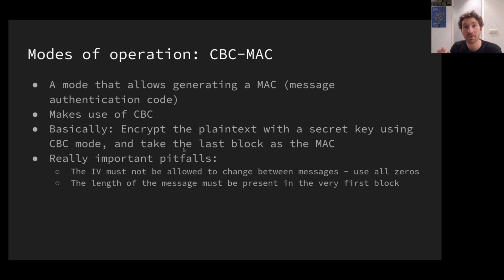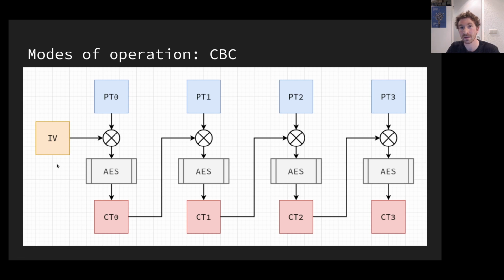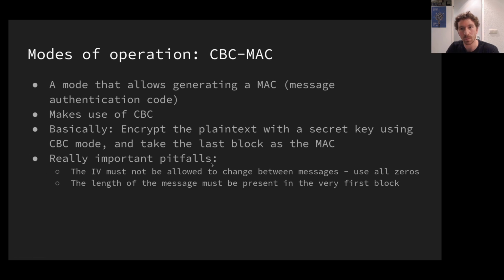But there are two really important points from this, where it's an easy area to slip up with cryptography. In CBC MAC, the IV, the initialization vector, that we just said has to change every time you run CBC with the same encryption key on your messages, when you use it as CBC for a MAC, can never be allowed to change. You always have to use the same value.